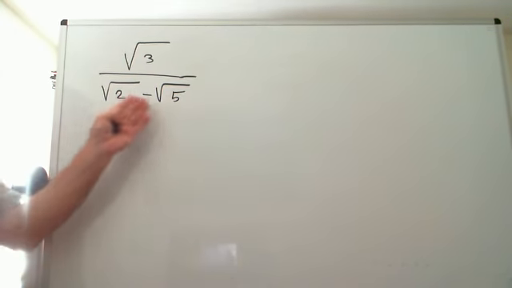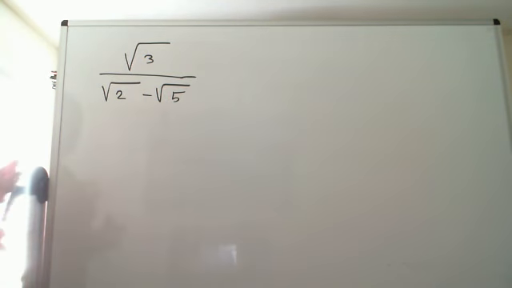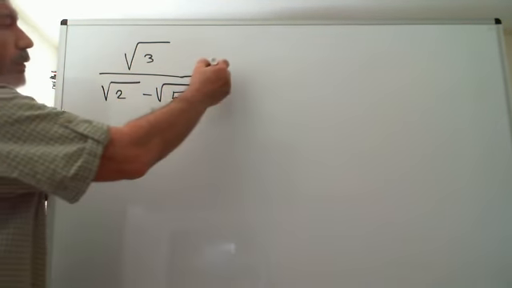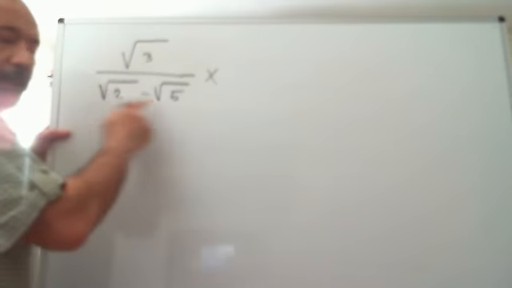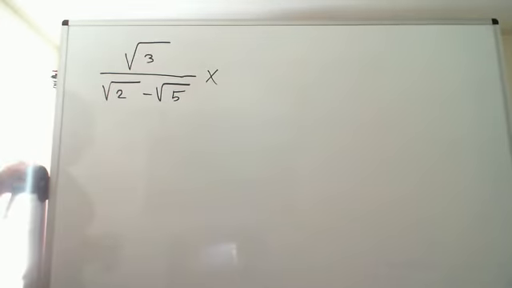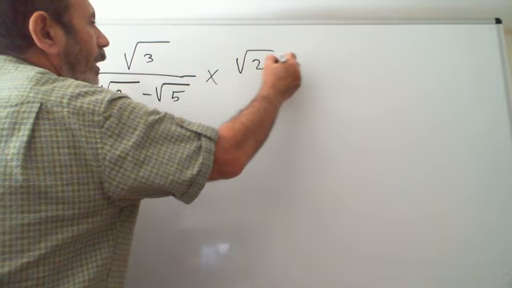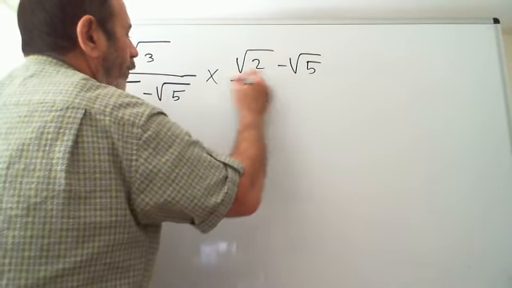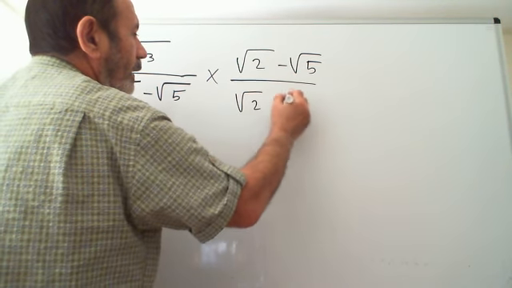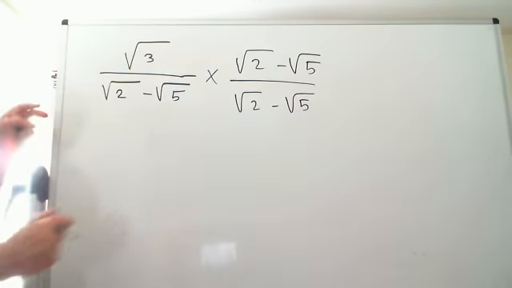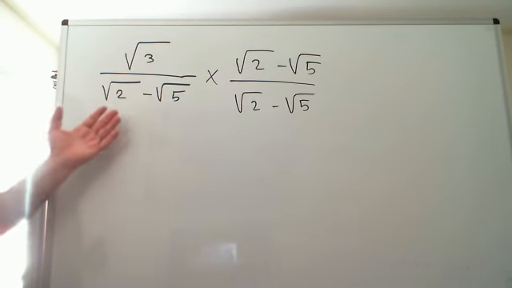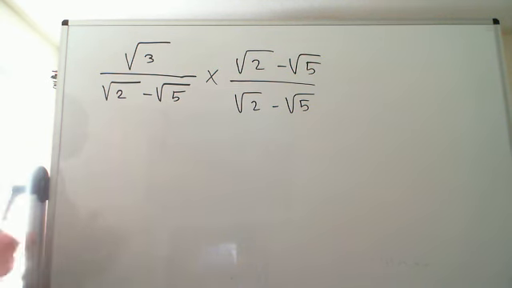As you see, in this fraction we have two terms in the denominator. If I multiply both numerator and denominator by the denominator, same as we used to do with one term, by radical 2 minus radical 5 over radical 2 minus radical 5, this one is not gonna work. It doesn't eliminate the radical from the denominator.